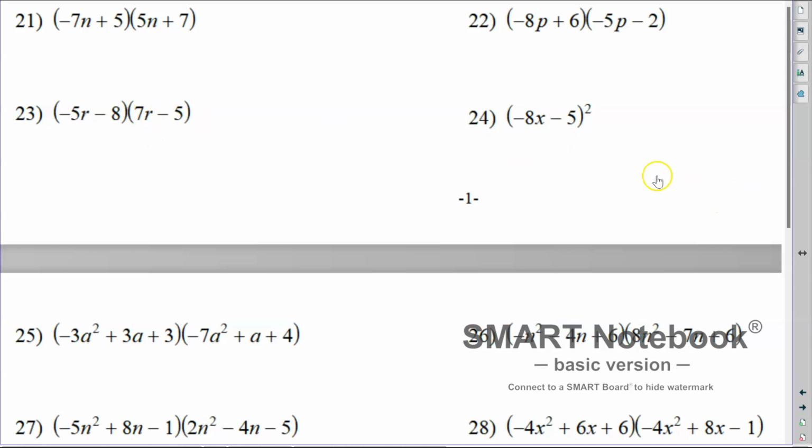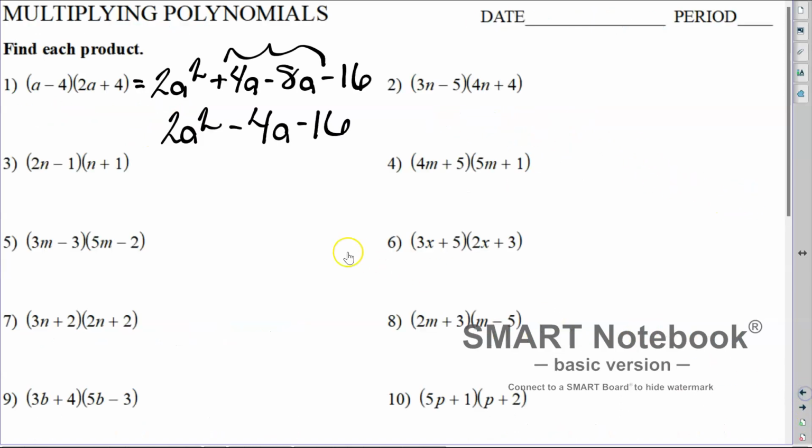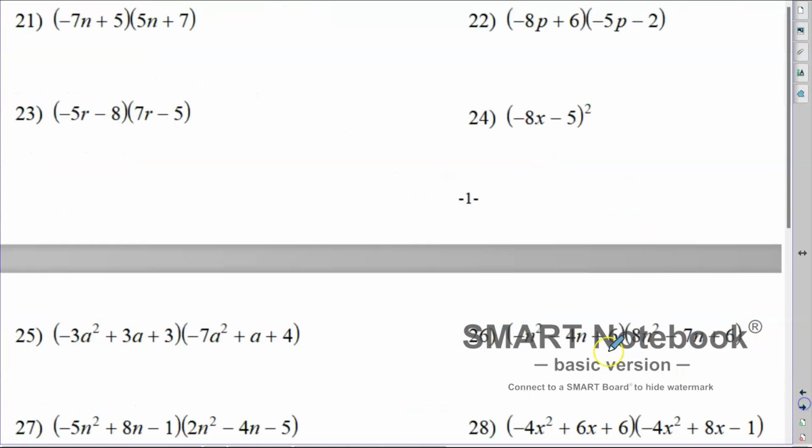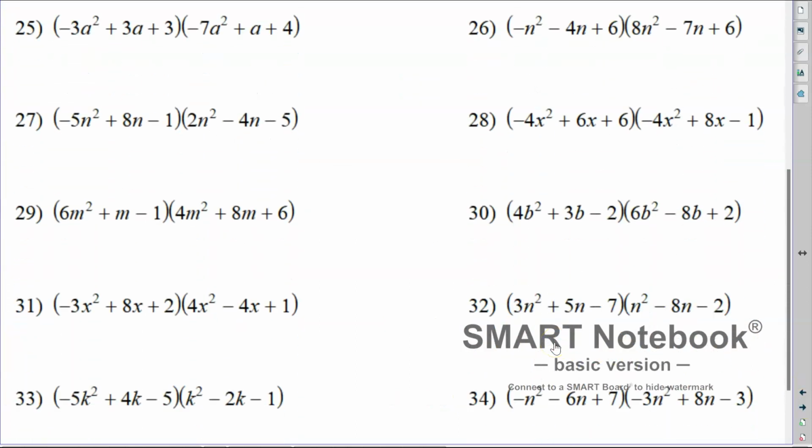Over here, I had 2 terms times 2 terms, which gave me 4: 1, 2, 3, 4. Maybe that helps some of you. So you'll understand why this is so long. It's 3 times 3, so we've got to go real slow so we don't make a silly mistake. Here I have 21a to the 4th.